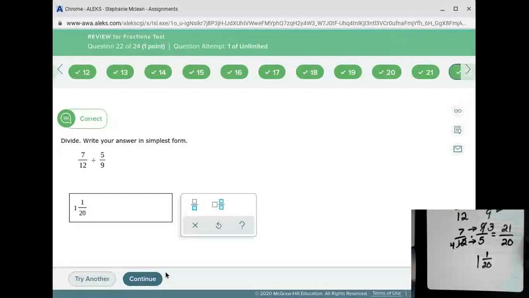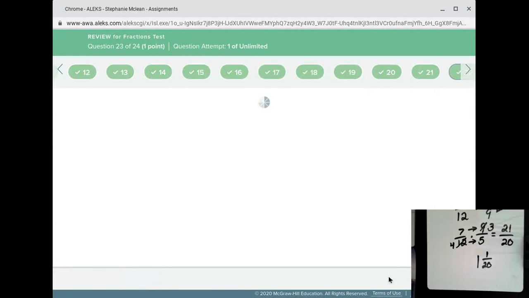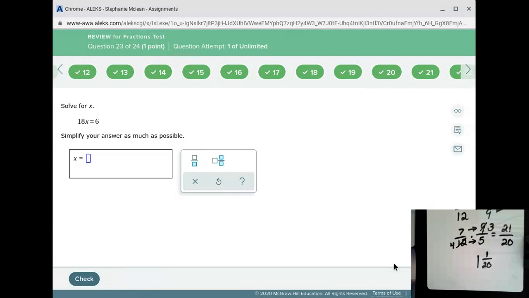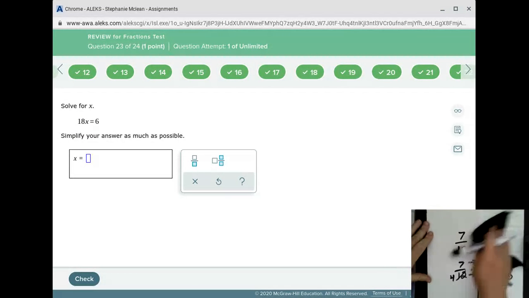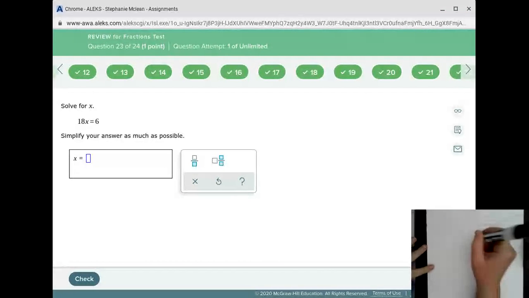All right, 2 more problems. So here we're getting into a little bit of algebra with fractions. I have 18x equals 6. What I need to do, 18 and x, this is multiplication.